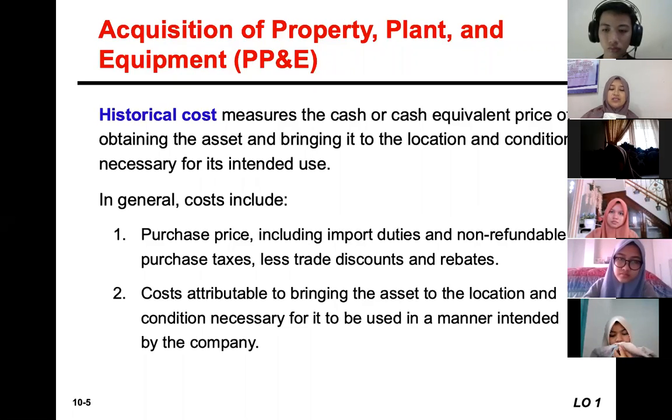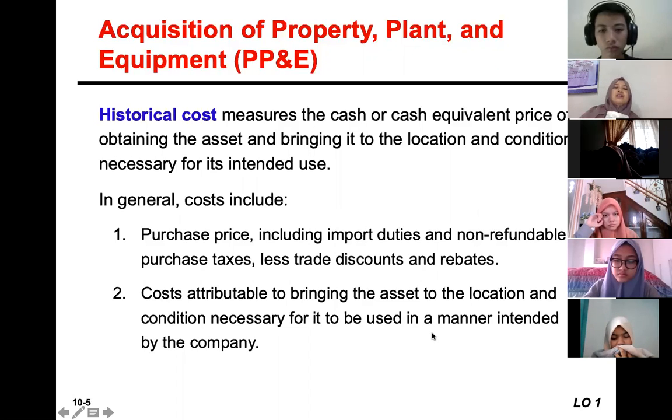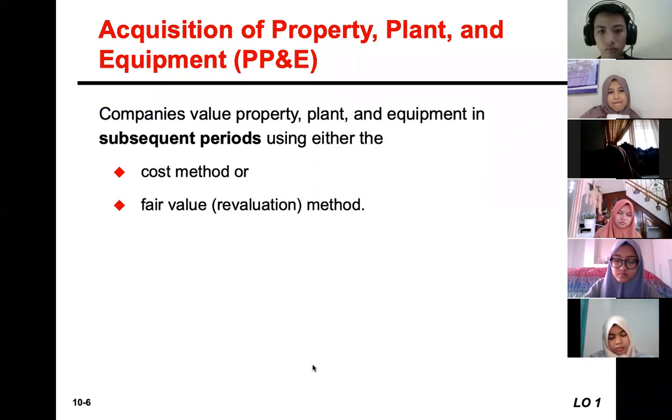Again, that cost also will be part of the cost of the machinery. So that's why it says for it to be used in a manner intended. So all the costs that are necessary before we can really use that asset. That's what it means in this concept. Okay, I hope you understand.